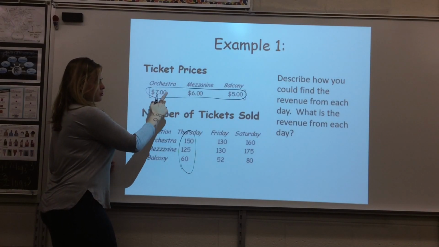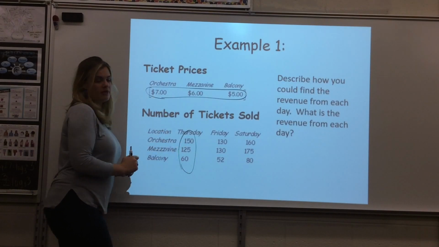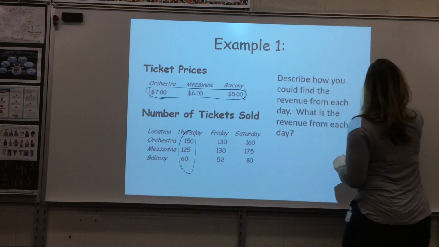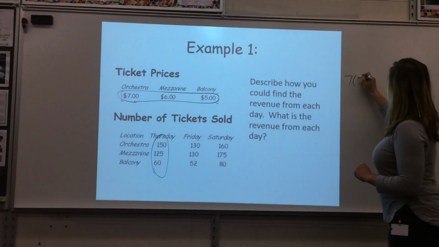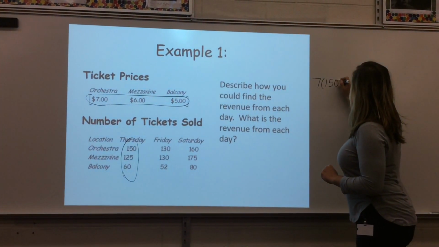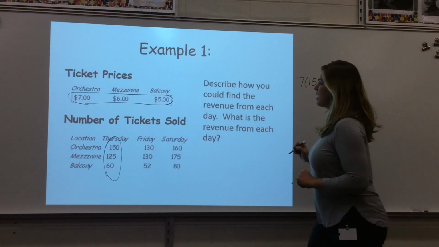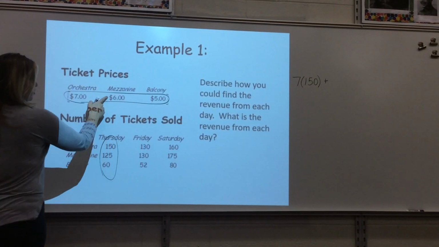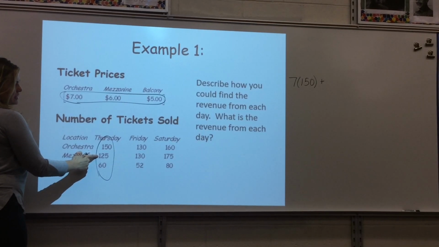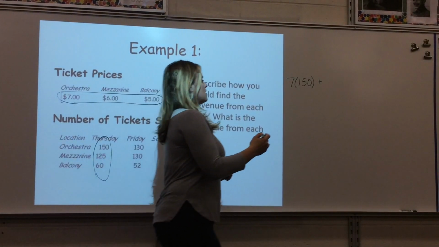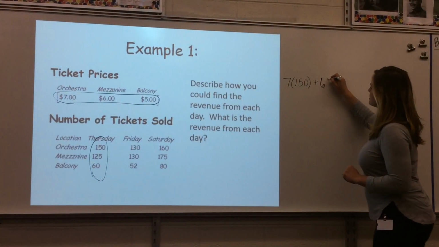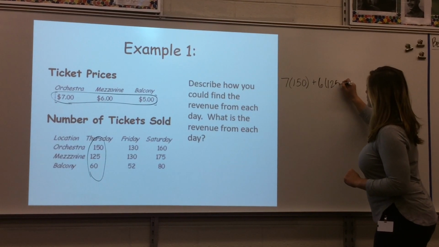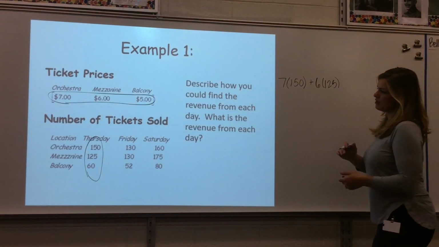I know it's $7 per ticket, so I'm going to multiply them together. And then it's $6 per ticket, so it's 6 times 125. I'm adding them together because I'm trying to find a total for the whole day.